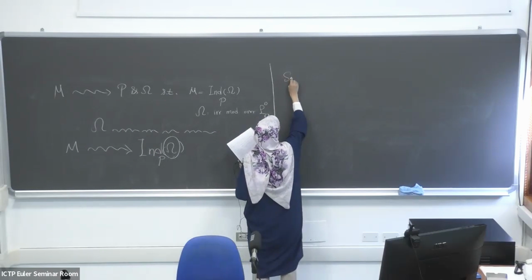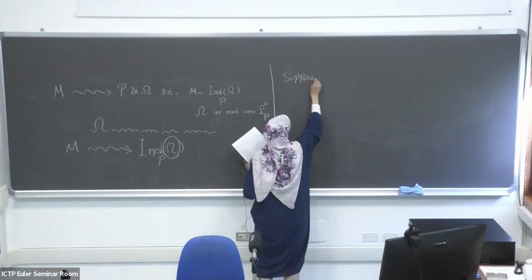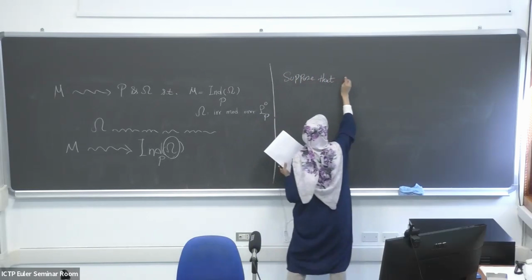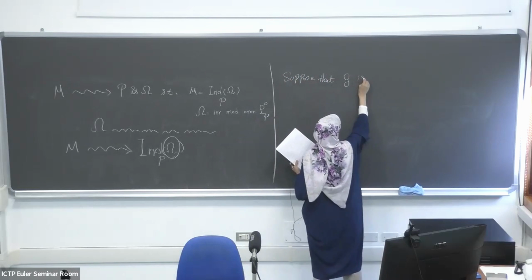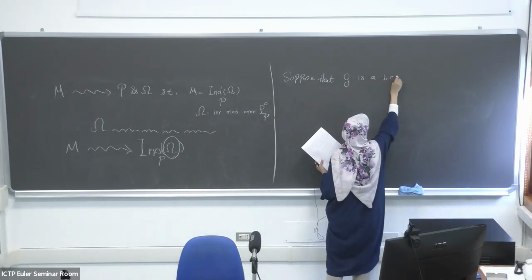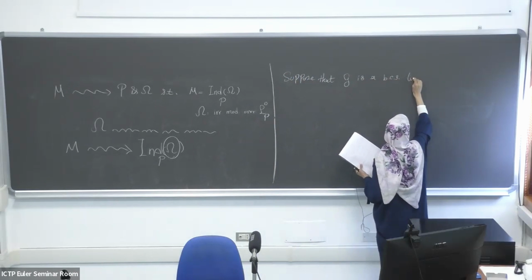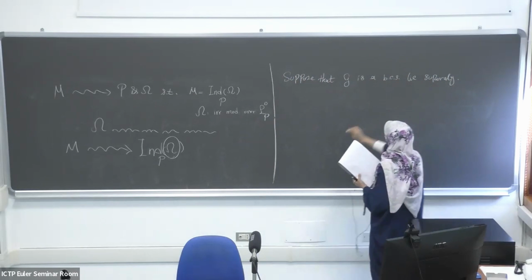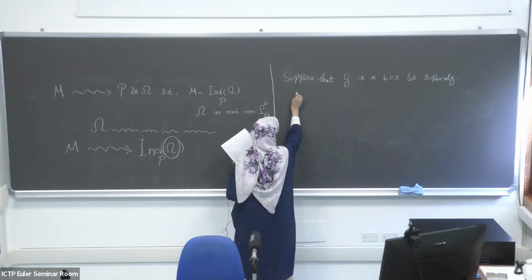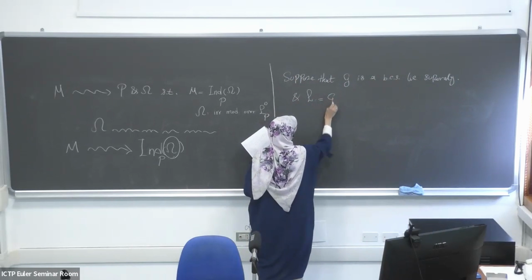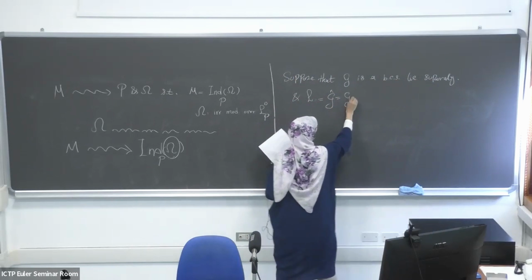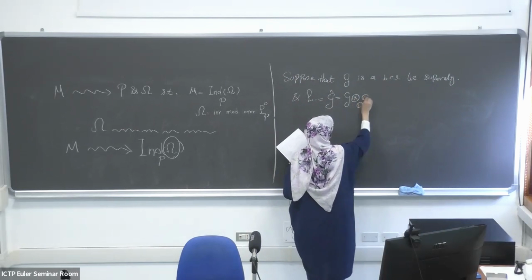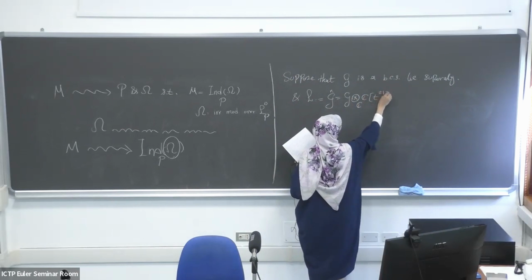Suppose that G is a basic, classical, simple superalgebra, and L is G hat, which is G tensor C plus minus 1.